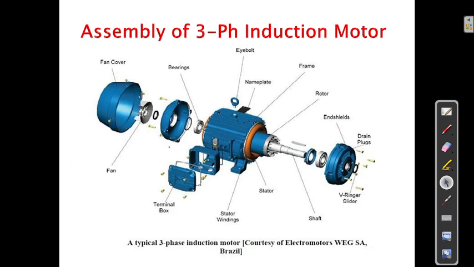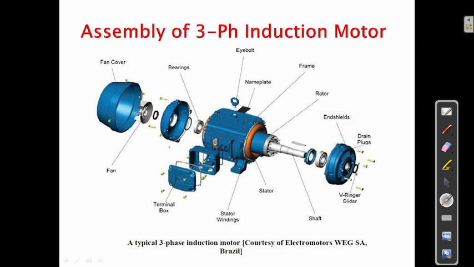See, this is the assembly of the three-phase induction motor. We will see each part of the induction motor. This is the fan cover. As we said, this fan cover is at the non-driving end. This is the fan, and there are bearings here and here.